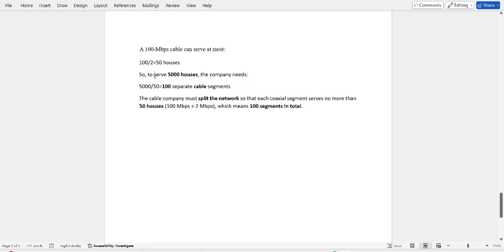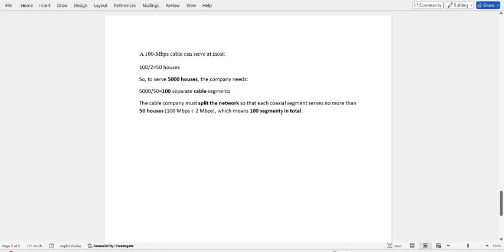To serve 5,000 houses, the company needs 5,000 by 50, which is equal to 100 separate cable segments. Therefore, the cable company must split the network so that each coaxial segment serves no more than 50 houses, which means 100 segments in total.